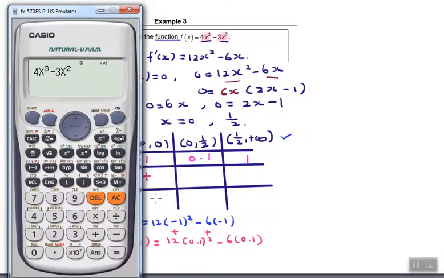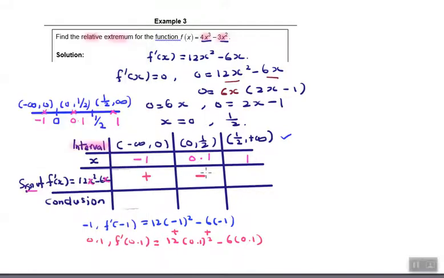You can try to determine its value. 12 times 0.1 squared minus 6 times 0.1 is equal to a negative value. The exact value is not important, it's negative.